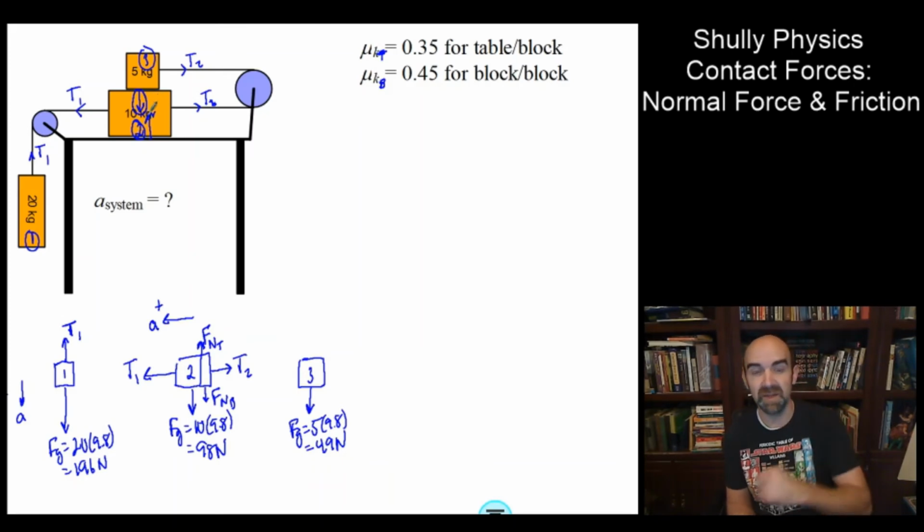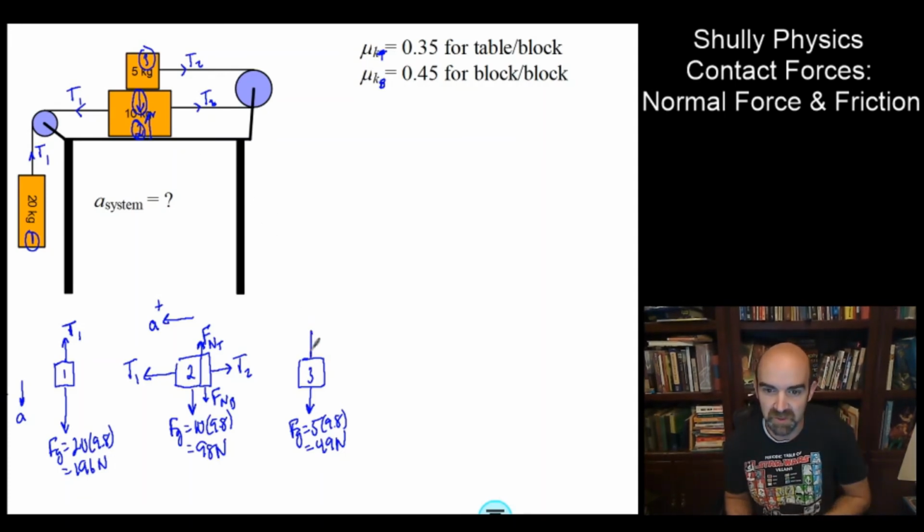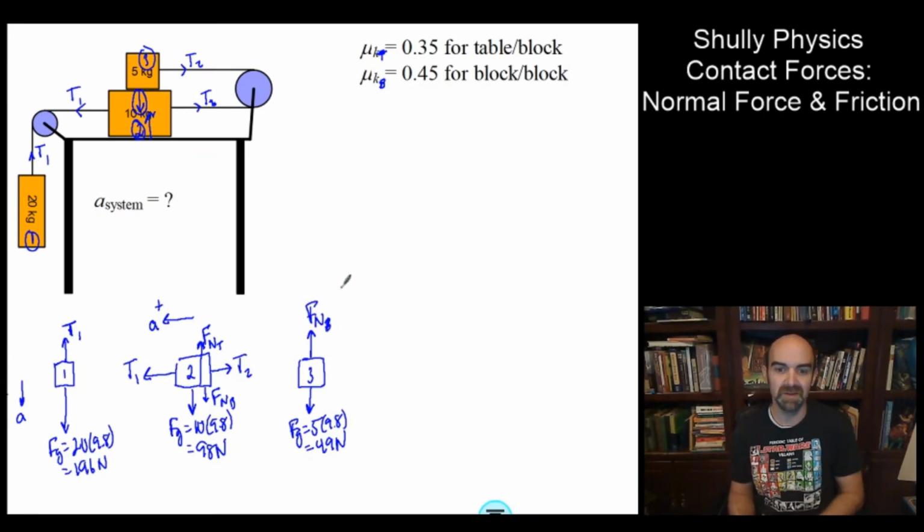If the 5 kg block pushes down on the 10, then the 10 pushes up on the 5. And that's going to be the normal force, Fn, from the blocks, not the table, because they're not in contact. All right. And we've also got a tension 2 pulling in this direction. Tension 2 connects these two blocks.